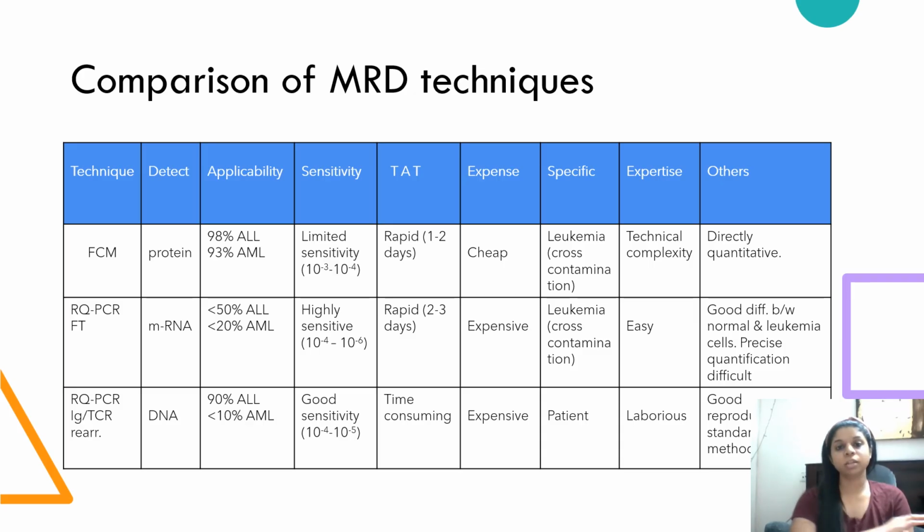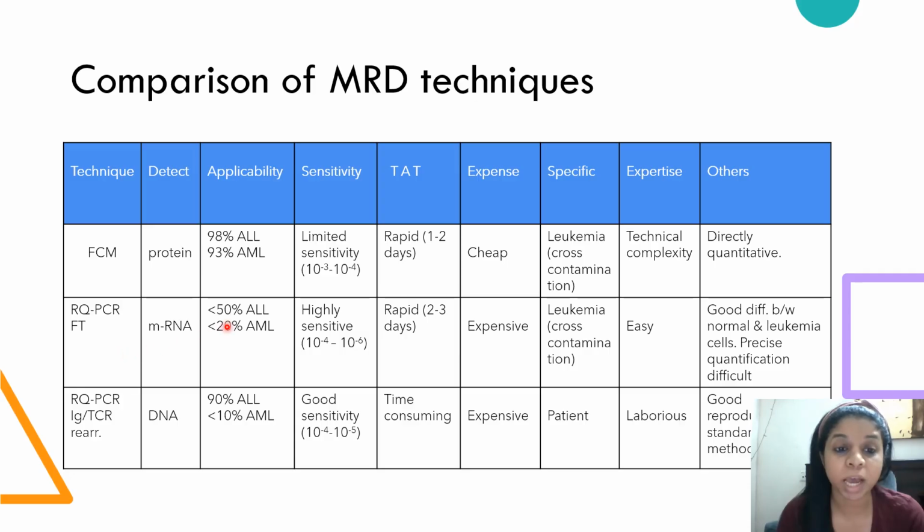So comparing all the MRD techniques, flow cytometry detects at the protein level, PCR or fusion transcript detection is at the mRNA level, and immunoglobulin or T cell receptor rearrangements are detected at the DNA level. Applicability: flow cytometry is widely applicable in both types of acute leukemia.